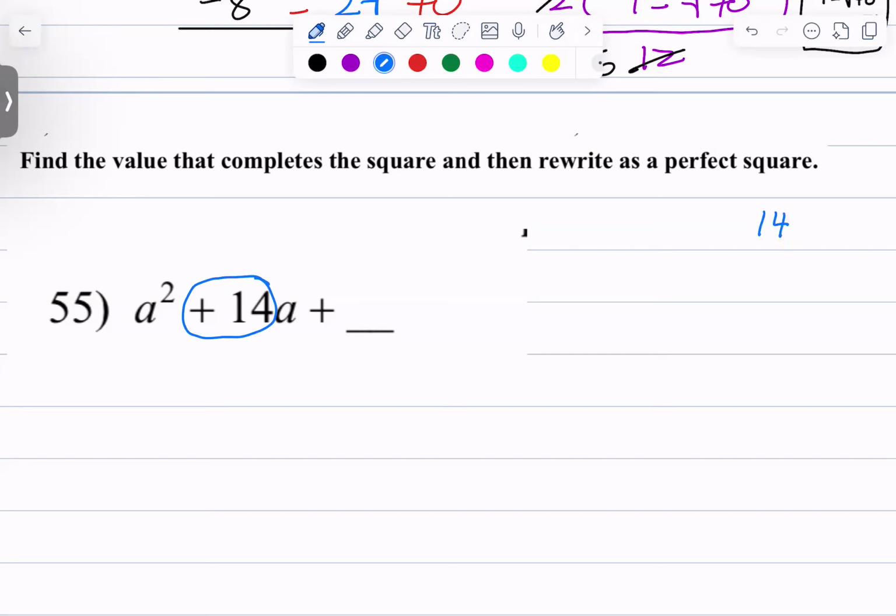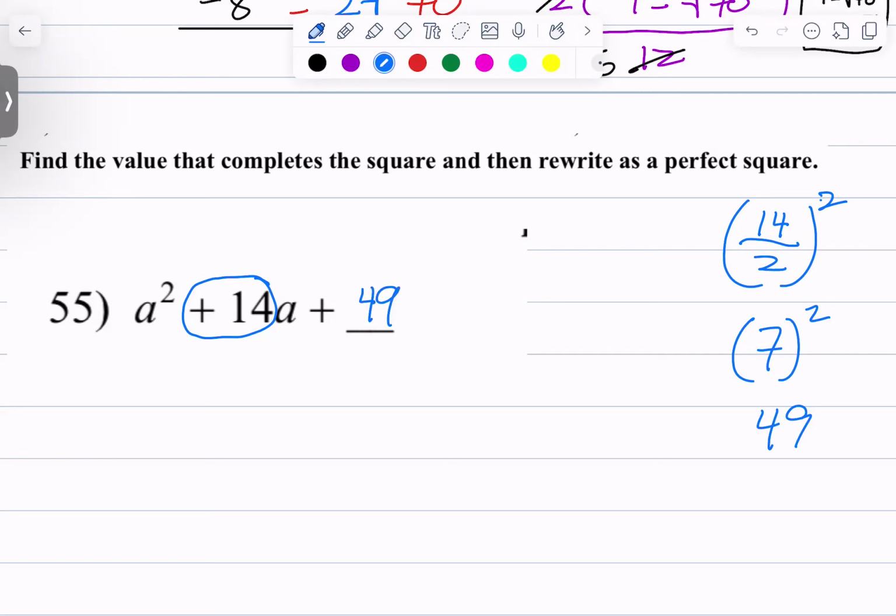And we're going to play bop it with it, right? Half it. Square it. So that's 14 divided by 2, that's 7. 7 squared is 49. So I'm going to add 49.